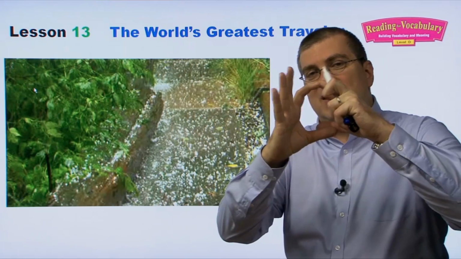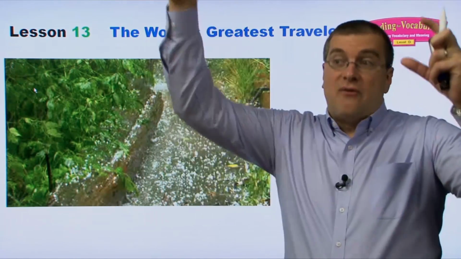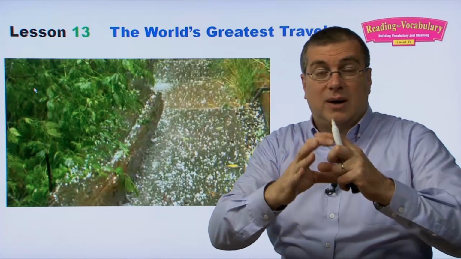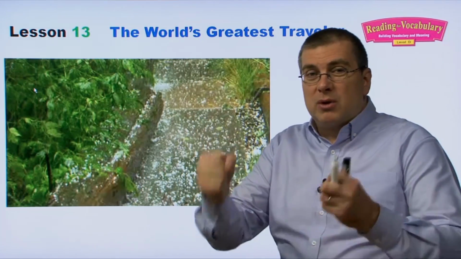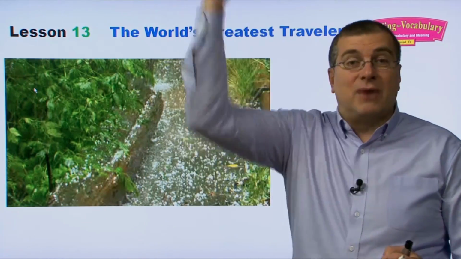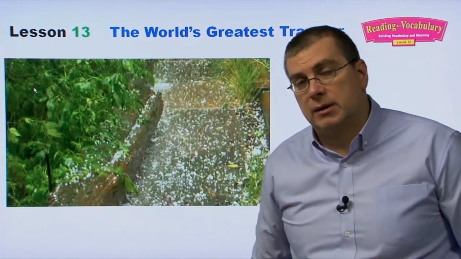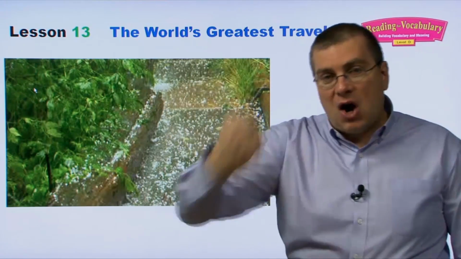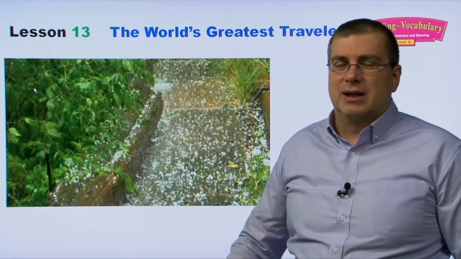Imagine not just one piece of ice, but many pieces of ice falling to the ground. That's dangerous. I've seen videos on YouTube of people driving their car and these pieces of ice hitting the windshield of their car. It's cracking it, and it's banging their car. You don't want to be outside at that time. It could be very dangerous and it could hurt you.